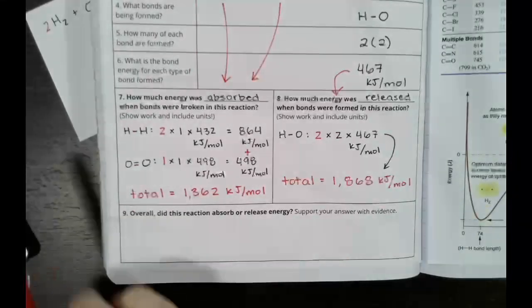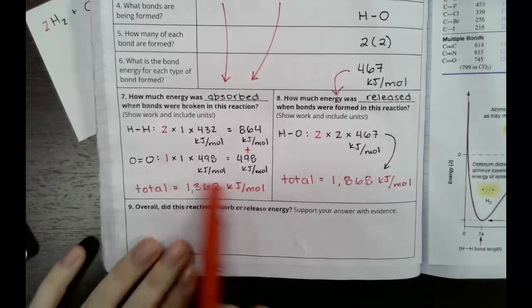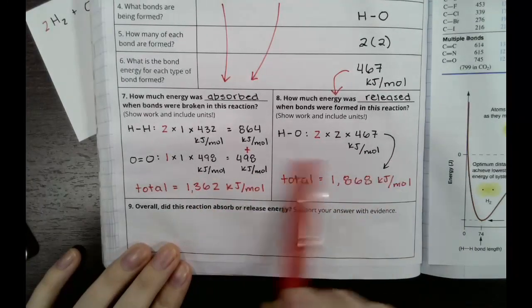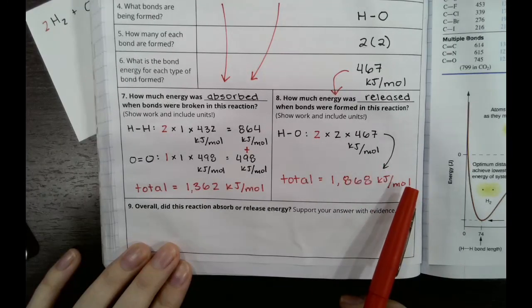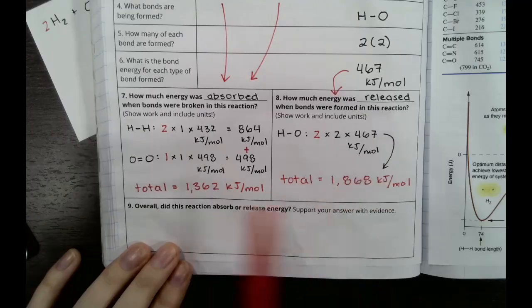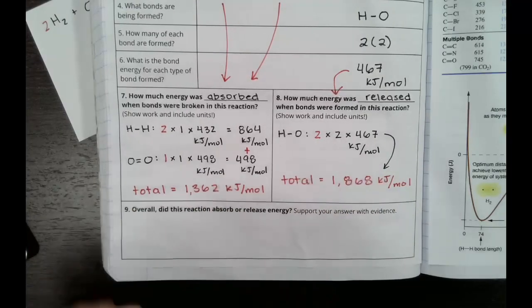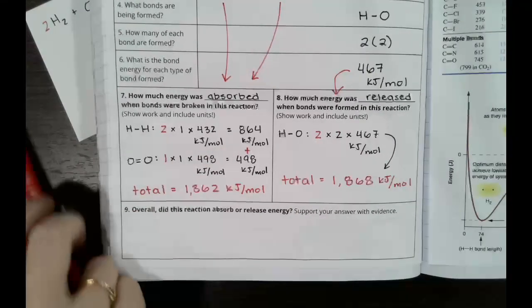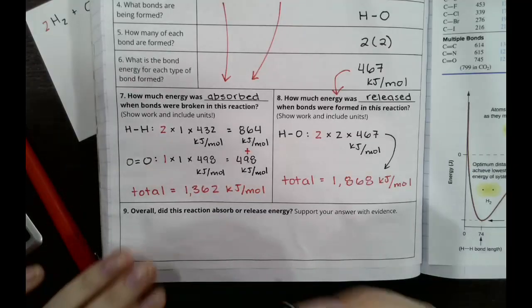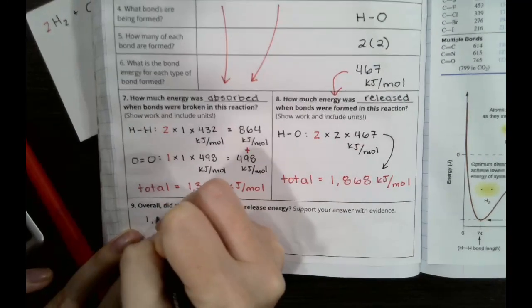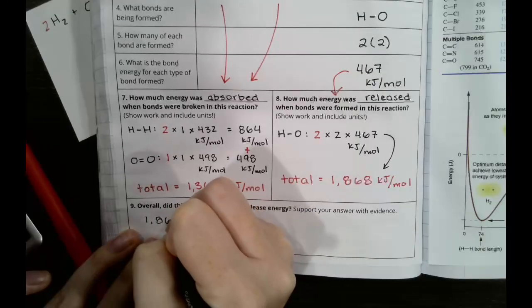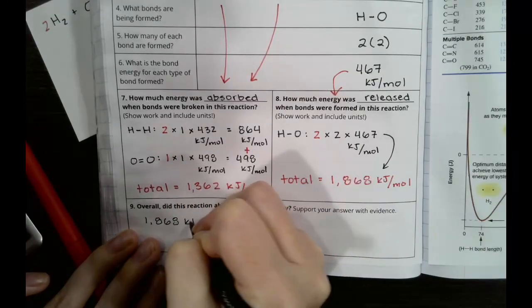So if this much energy is absorbed and this much is released, then overall, do we release energy, absorb it? Well, this number is bigger, so overall I think we're going to release energy. But don't forget that this much is being absorbed. So let's do this. 1,868 kilojoules per mole released.